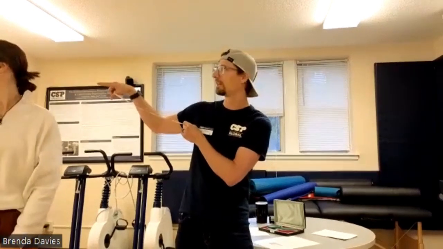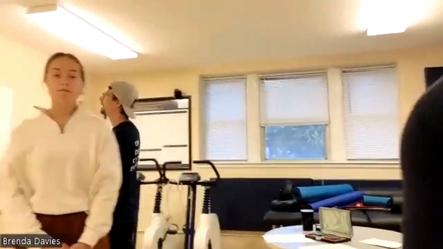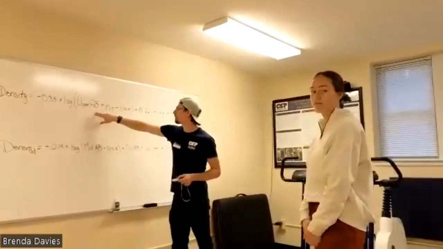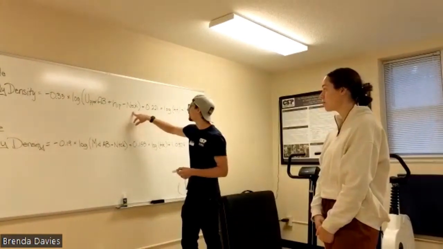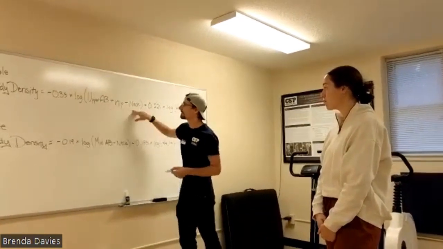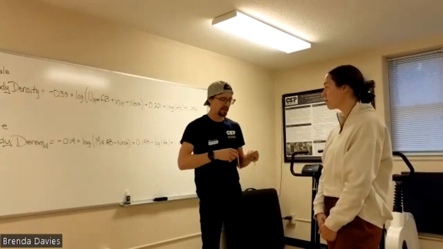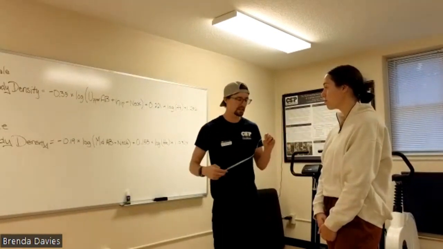What we're going to do today is we're just going to do the measures that are specific to a female. And so that's on this board over here. You can see this is the upper ab, so for the waist, the hip, and then the neck. So we're going to take those 3 measures and then record those in centimeters.